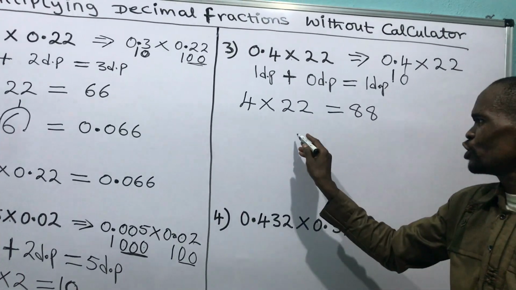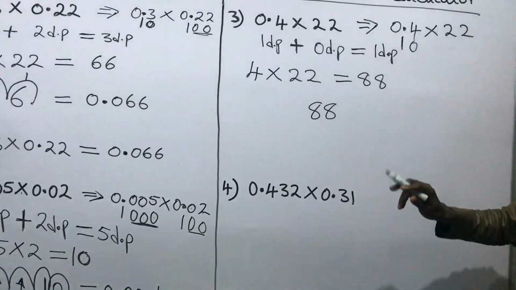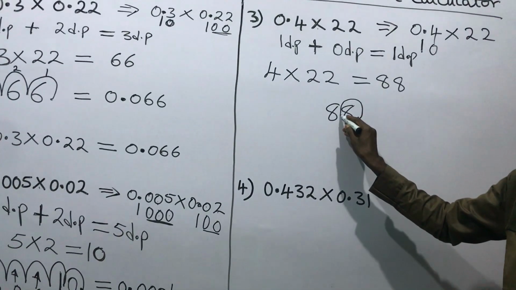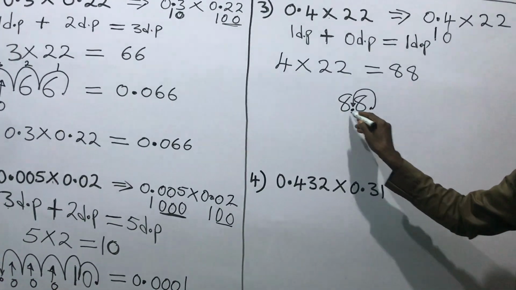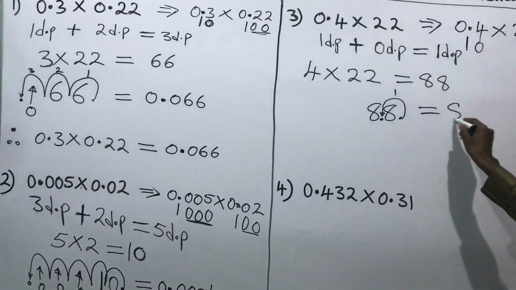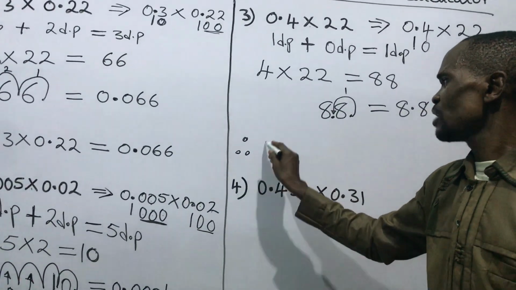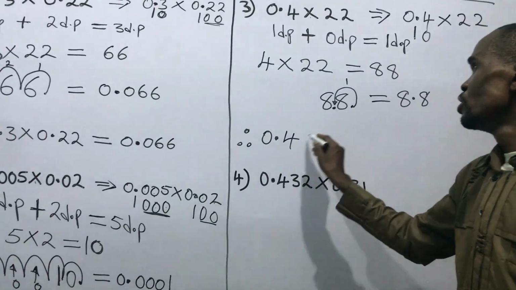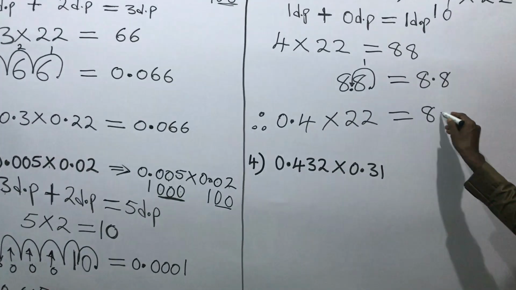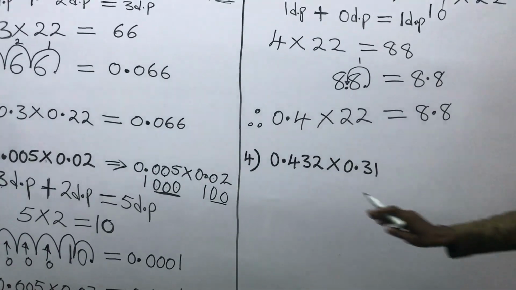Then I return 1 decimal place to this 8. My decimal point will fall here, giving 8.8. That means 0.4 times 2 is equal to 8.8.